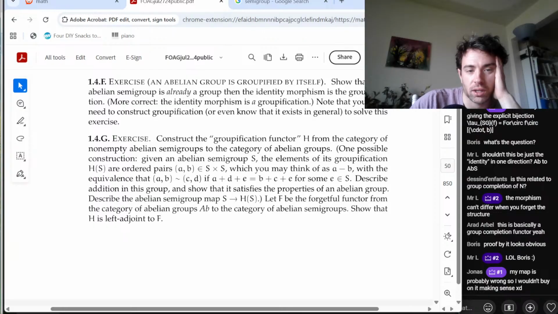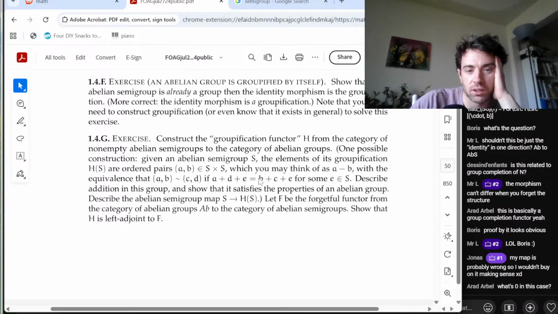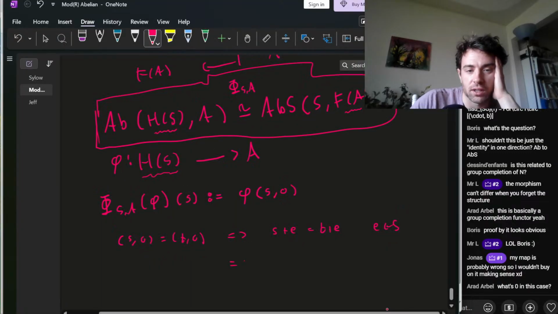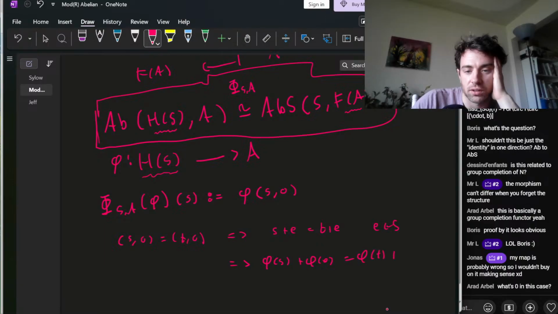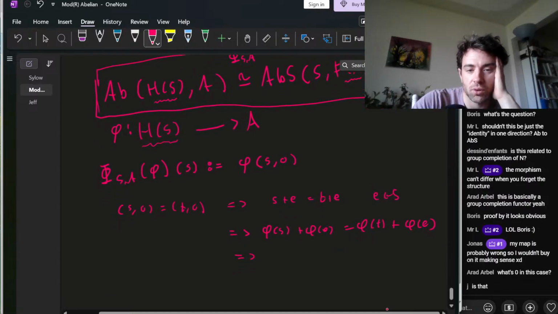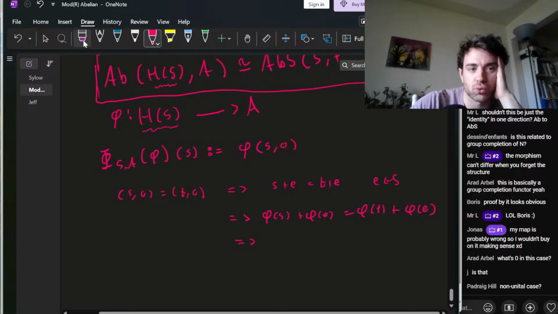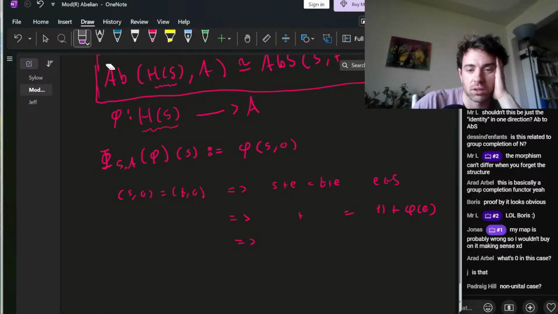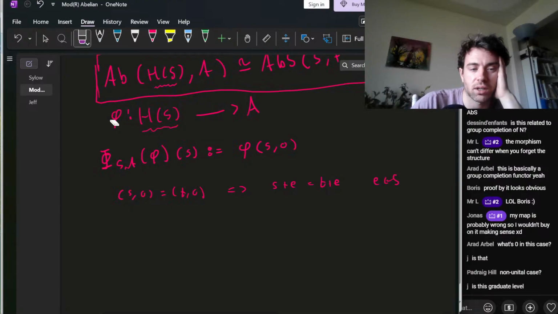So S plus E is equal to T plus E, and then that implies that phi S plus phi E is phi T plus phi E. Or wait, sorry. What's 0 in this case? Oh, right. Sorry. Aha. Okay.